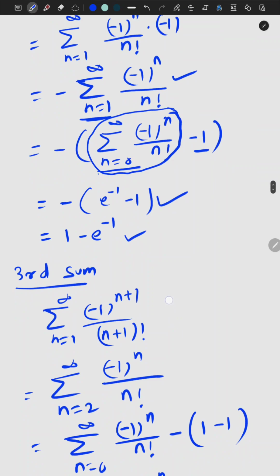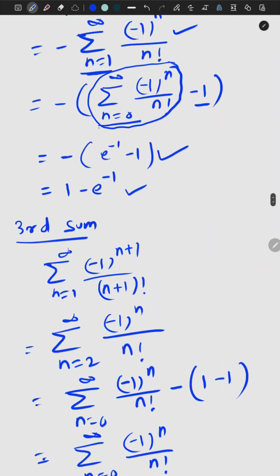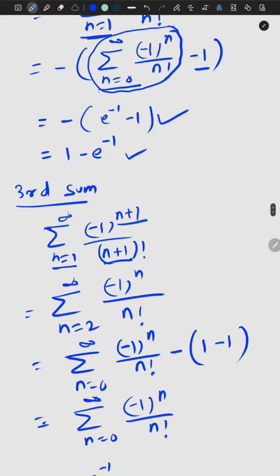Okay, let us move to the second sum. The second sum contains the term 1 by n plus 1 factorial associated with minus 1 to the power n plus 1. Here these two things are the same, but the sum starts from n equal to 1 to infinity, but we also have to convert the exponent n plus 1 and the n plus 1 factorial to n.